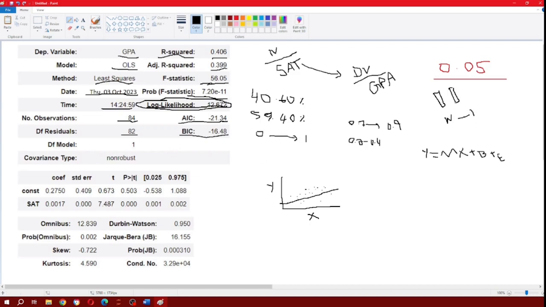So the covariance type is non-robust, and I'll also have a separate video on this one. But covariance relates to the idea of F statistics, where covariance is also checking for the covariability between IV and DV. How much do they covary? And it's important for these two to have different covariances, right?